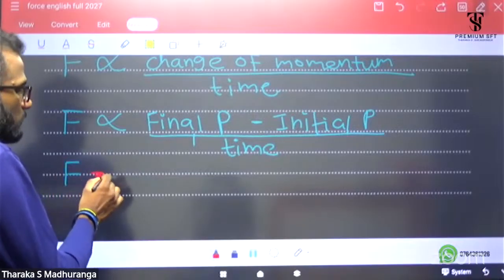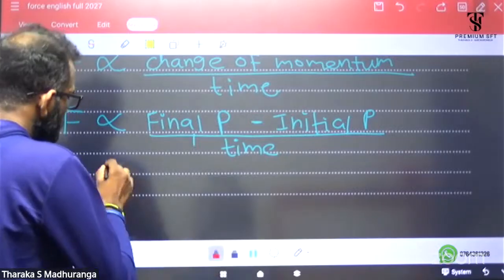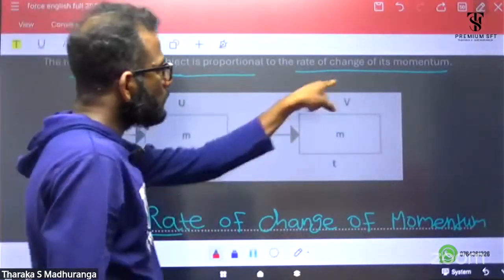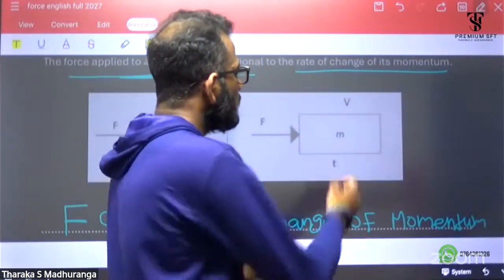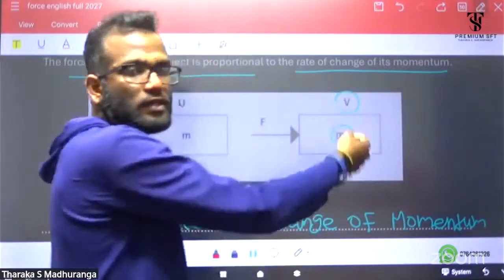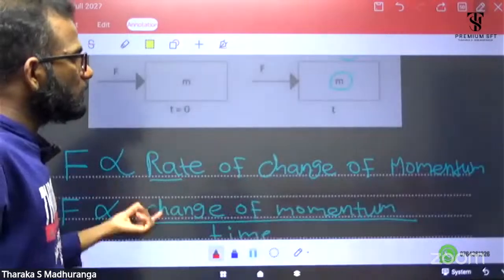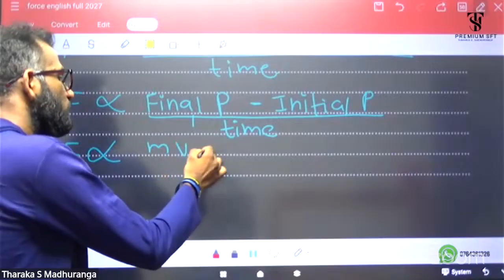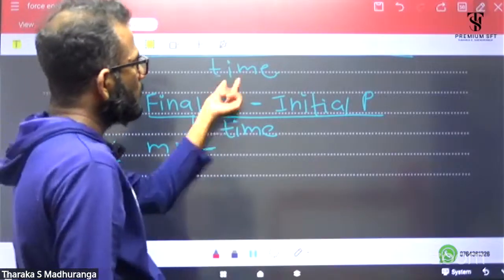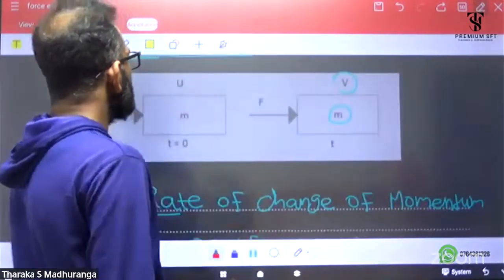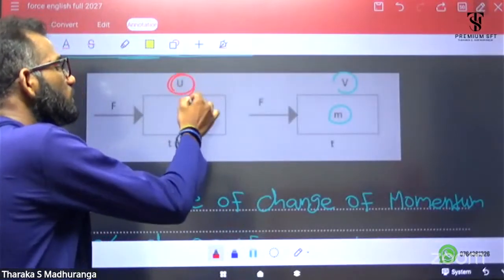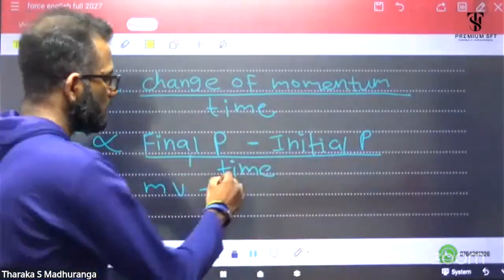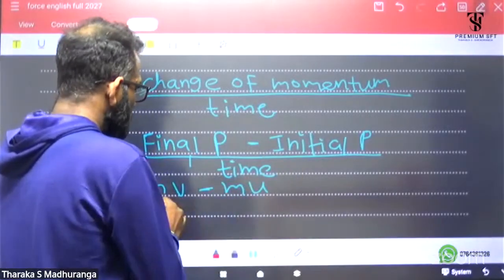According to the given diagram, the unbalanced force is directly proportional to the final momentum minus the initial momentum. What's the final momentum? Mass into velocity, right? Final P means mv, with final velocity v. Minus initial momentum, m into u, where u is the initial velocity, divided by time.